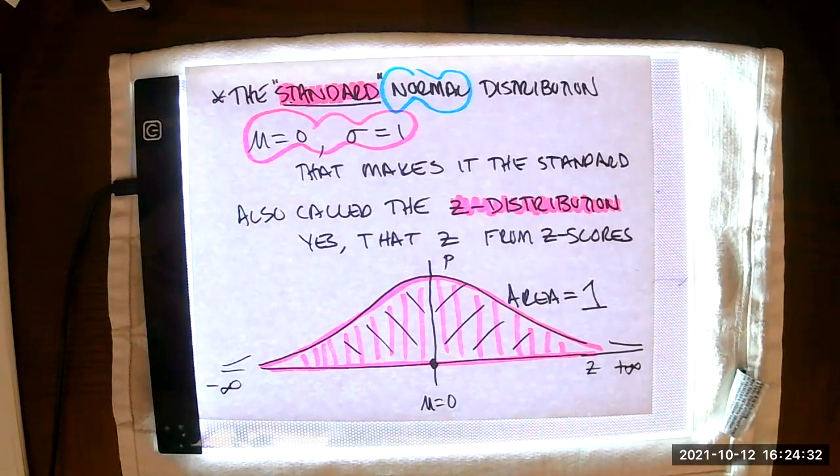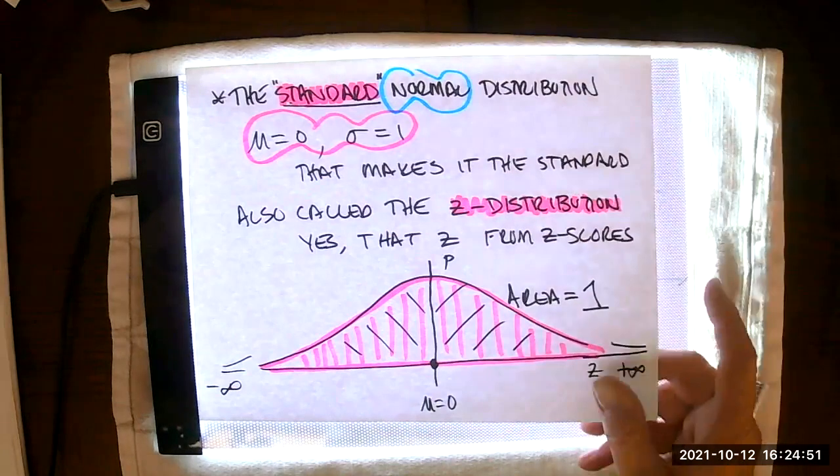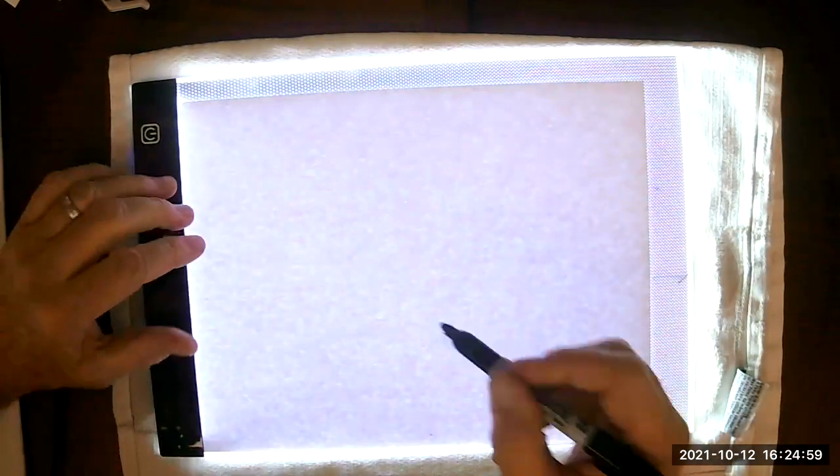And it's actually going to be important to realize and utilize that when we get to employing the tools that we're given to make calculations regarding this type of distribution.